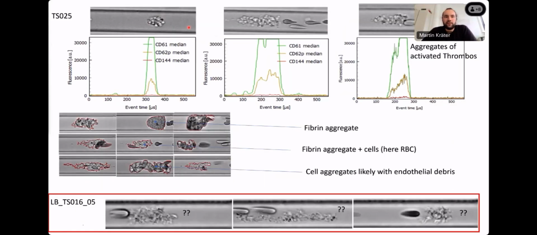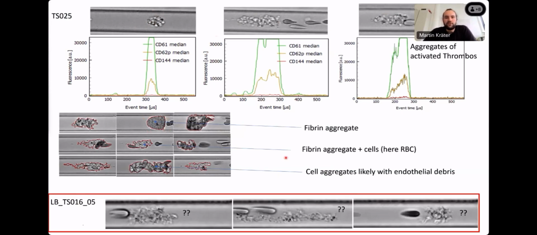So we stained the cells with classical surface markers, stained for thrombocytes here in green, and for activated thrombocytes here in orange, and we co-stained with an endothelial marker. And you can see clearly that this clot contains activated thrombocytes as well as this and that. We continued doing that, and in the end we also found clots which only contain fibrinogen.